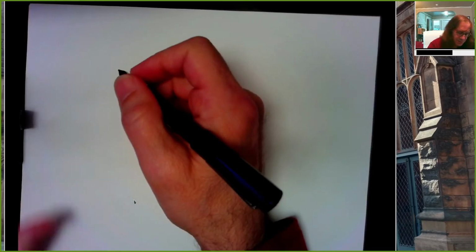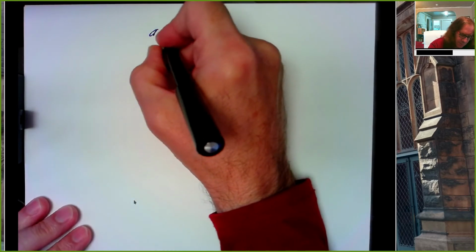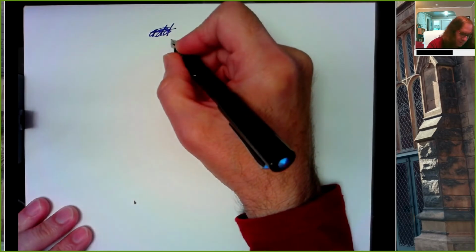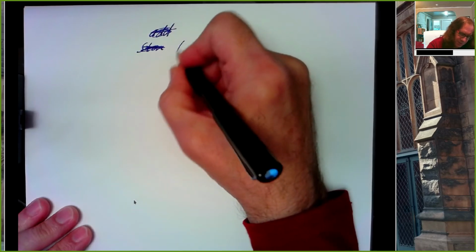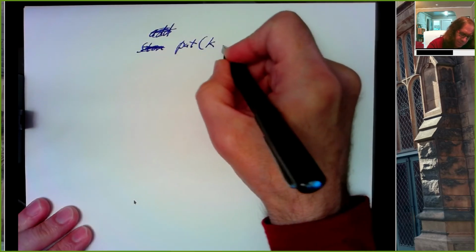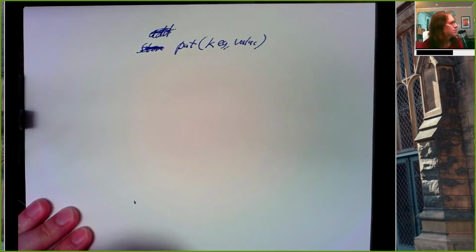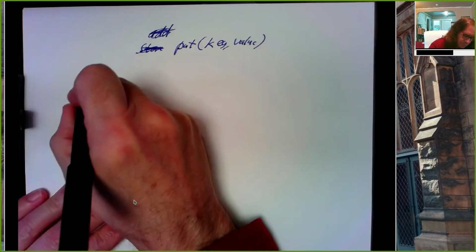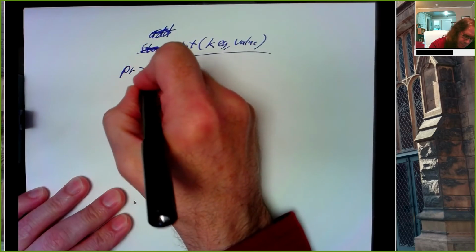All right, so let's write some pseudocode. I'm just going to go with put and get. So let's put key value into our table. Initialize our probe counter to 0.